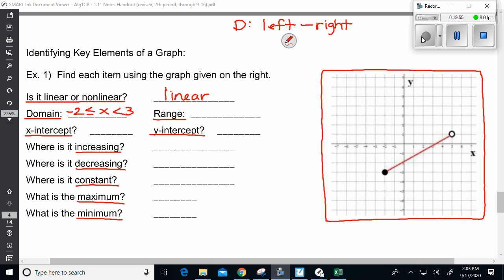Next part is the range. Range is lowest to highest. There's my lowest, there's my highest. What's the lowest value?